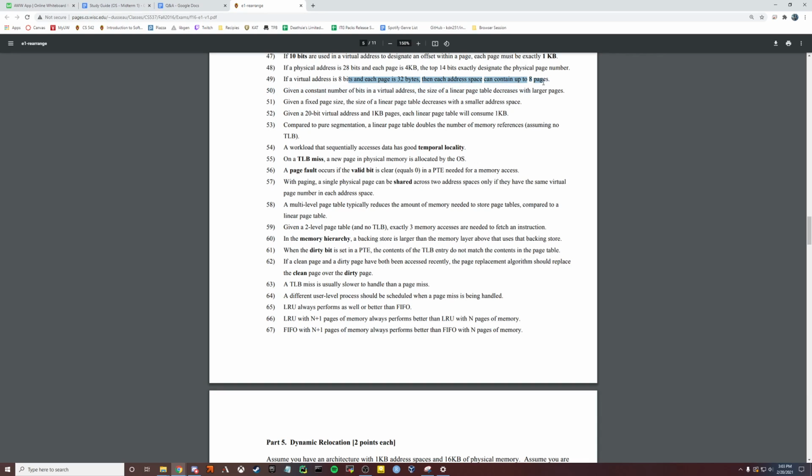Then each address space can contain up to 8 pages. If a virtual address is 8 bits and each page is 32 bytes, then each address space contains up to 8 pages. I do not know.